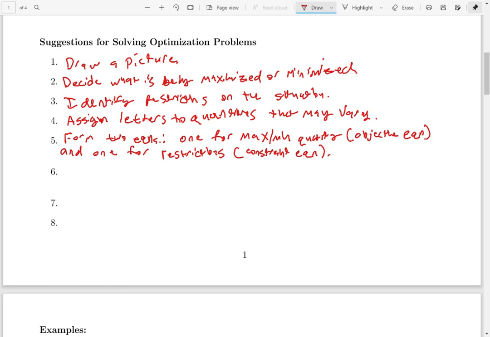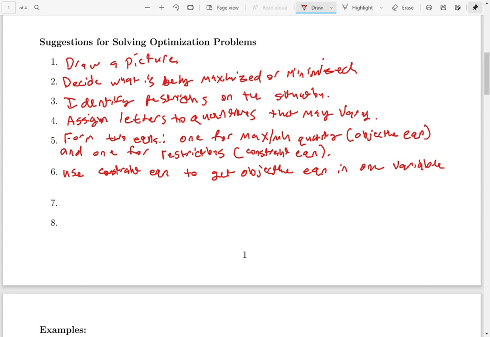Alright, but then what happens? Then you're going to use the constraint equation to get our objective equation in one variable. And so usually what ends up happening is you'll solve the constraint equation for the variable that you don't want to find, and then replace that, and we'll see this in practice.